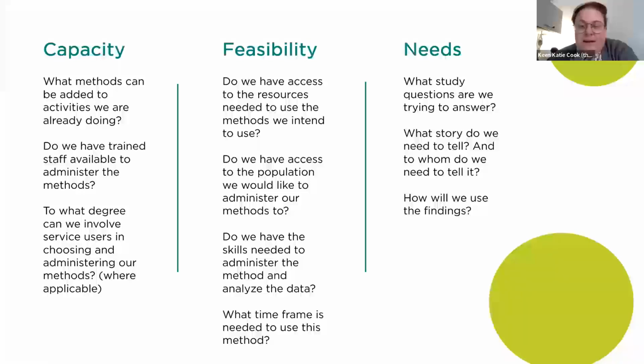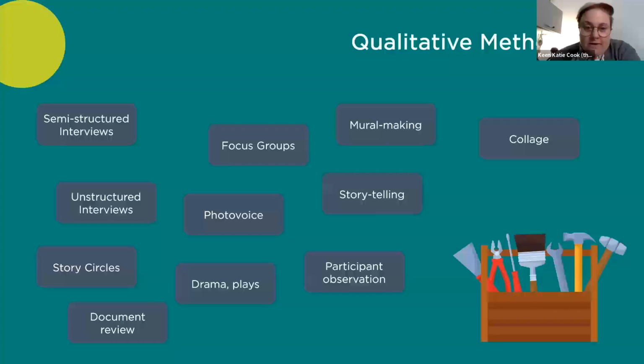For example, if you want your findings to be usable for a broad audience, you may consider using a mix of quantitative and qualitative methods, so that you can share overall trends and also get some more in-depth data about the experience, with quotations from participants telling their story to highlight their main points in terms of using the service or engaging with your project. So, lots of things to consider when we're deciding what methods we can, should, or need to use for our evaluations.